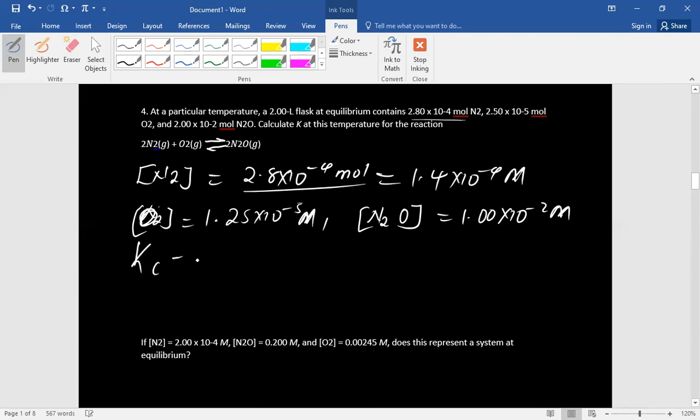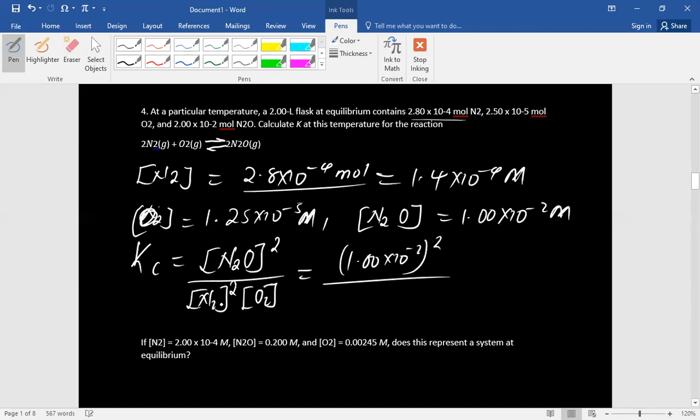Now we get Kc. From this reaction, Kc is the concentration of nitrogen monoxide squared, over the concentration of nitrogen gas squared multiplied by the concentration of oxygen. That is 1.00 times 10 power negative 2, squared, over 1.4 times 10 power negative 4, squared, multiplied by 1.25 times 10 power negative 5.